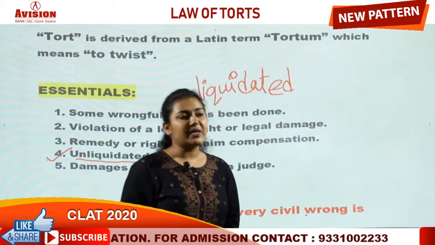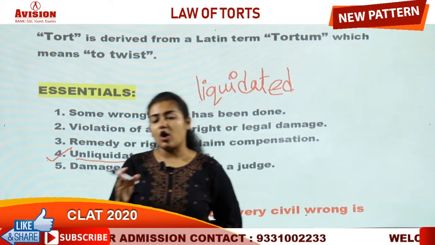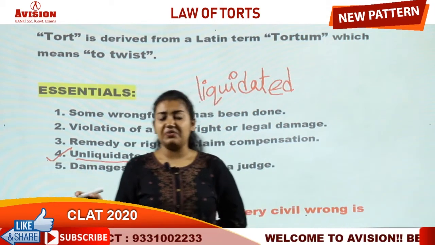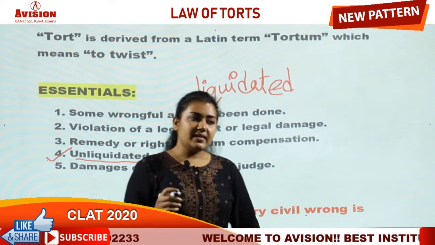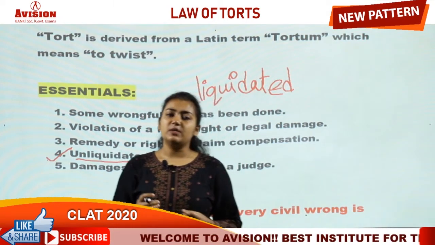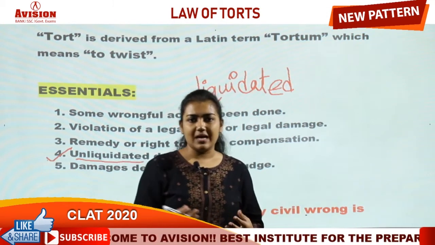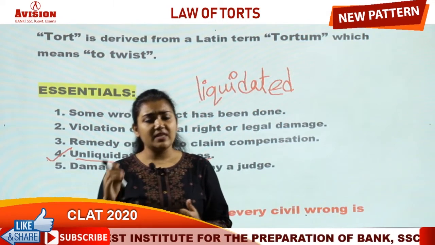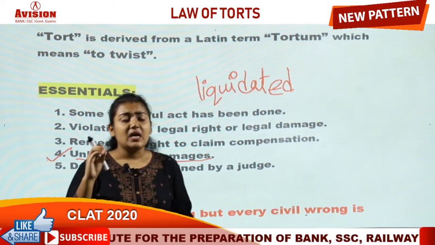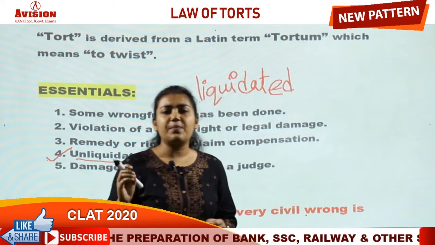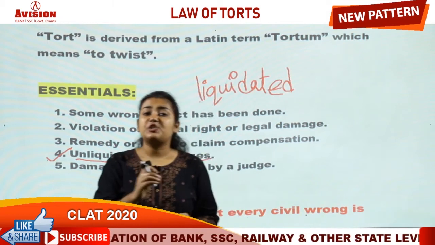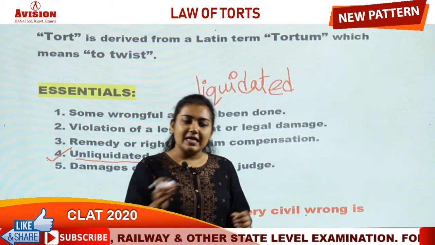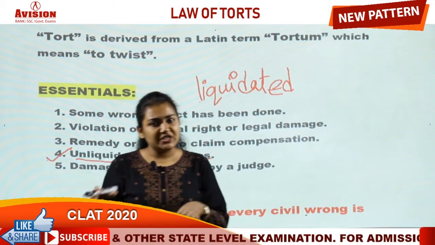So, what do you mean by fixed damages? Let me give you an example. In a contract or an agreement, just say any kind of agreement, when we sign an agreement between me and a person, there are certain clauses written in the agreement that if any of the parties violate the terms of the agreement, then he or she will have to pay this amount of compensation or damages.